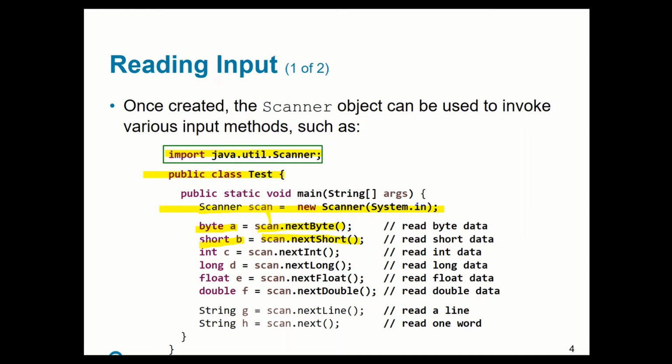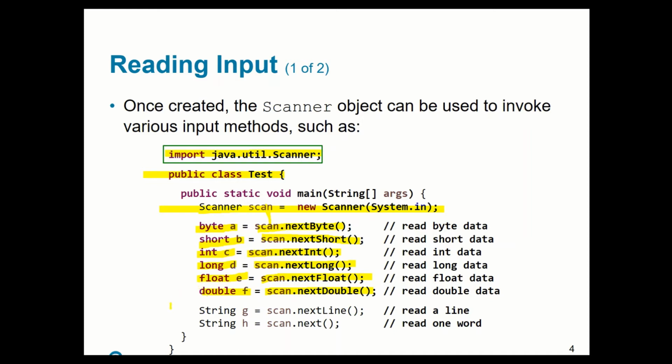Likewise, nextInt will read an int and store it into c. nextLong will read long data and store it into a long variable, and nextFloat and nextDouble read float and double data types.